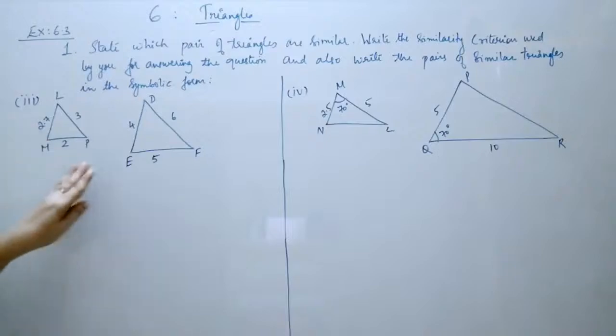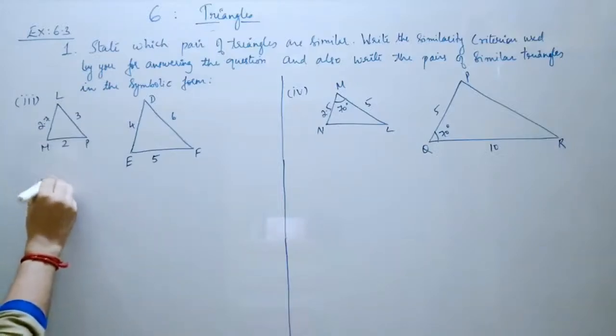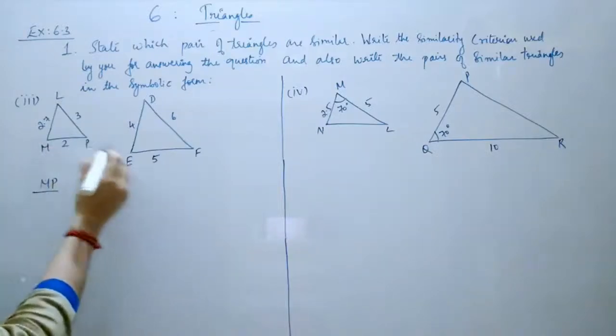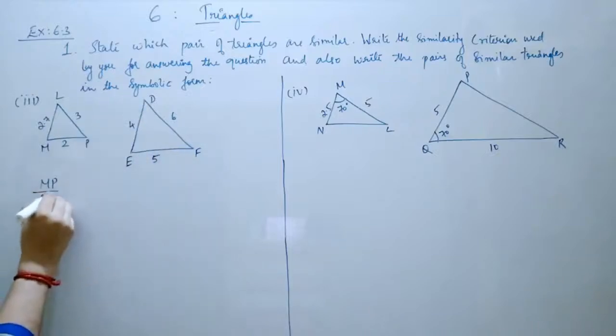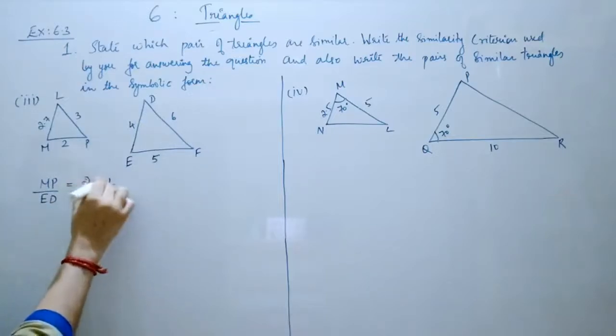Third subdivision, again you have been provided with two triangles. Now the three corresponding sides are given. We have to check the ratio of the corresponding sides, whether they are equal or not. Okay, for that we can just start with MP by, when we are taking MP, let's take it as ED. MP by ED will give you 2 by 4, which is 1 by 2, right?